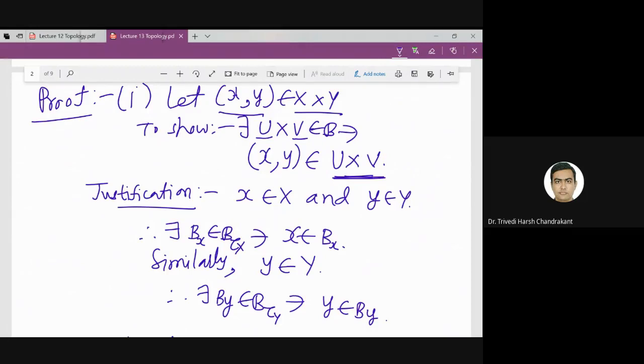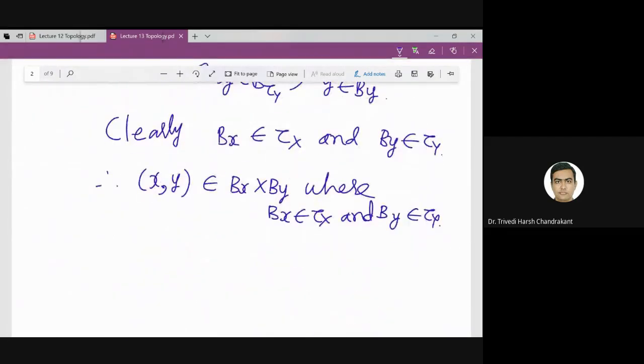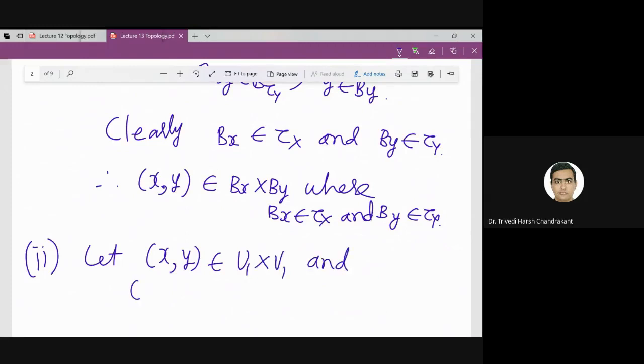What about the second property? For the second property, what we need to show is that xy belongs to two basis elements. The basis elements are of the form u cross v. So that means xy belongs to u1 cross v1 and xy belongs to u2 cross v2.